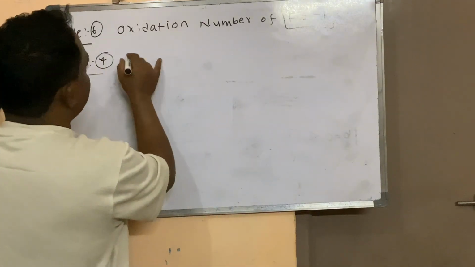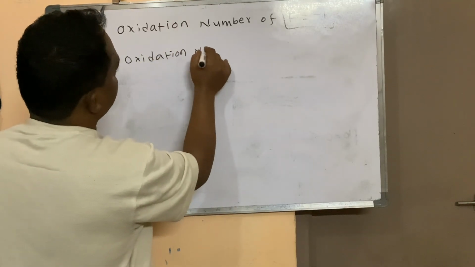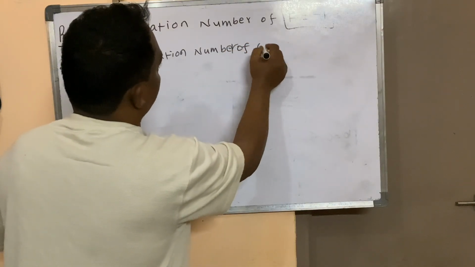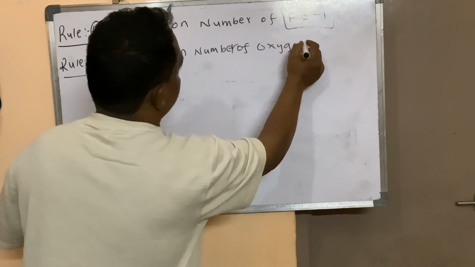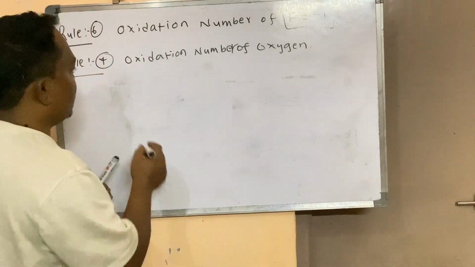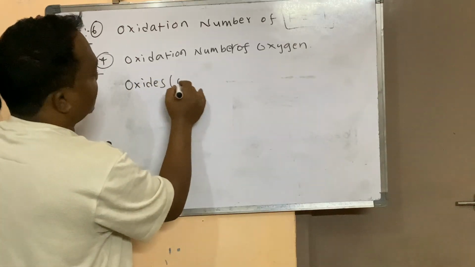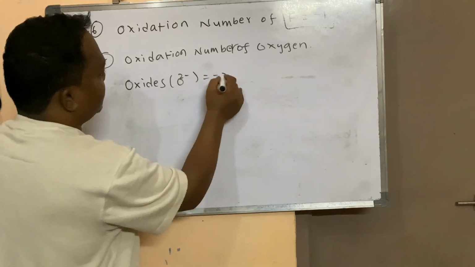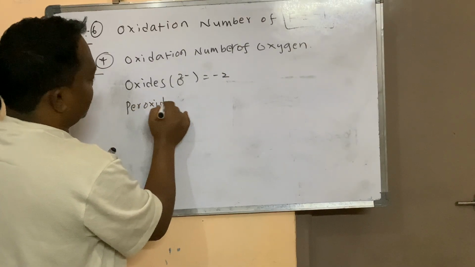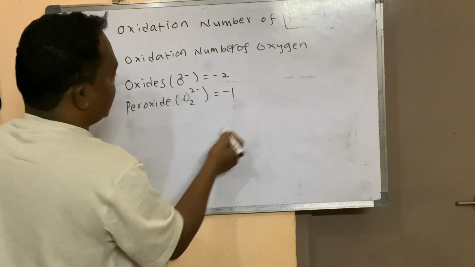If you see the oxidation number of oxygen, it can vary across different states. Let me go through them one by one. In its oxides, it has minus 2. In its peroxides, it is minus 1.